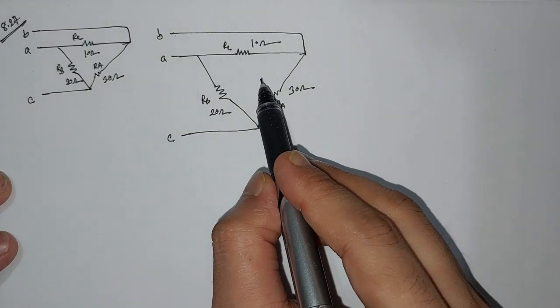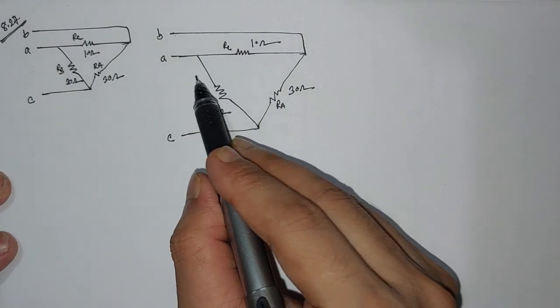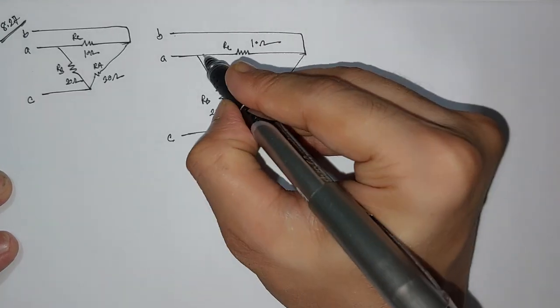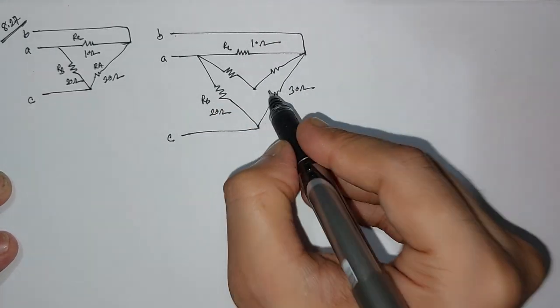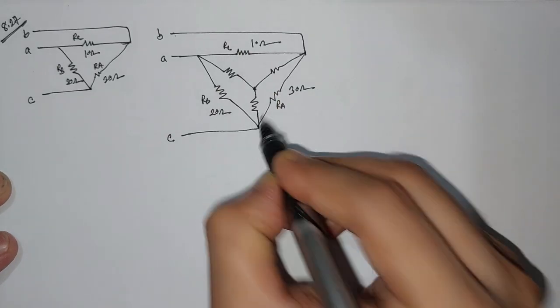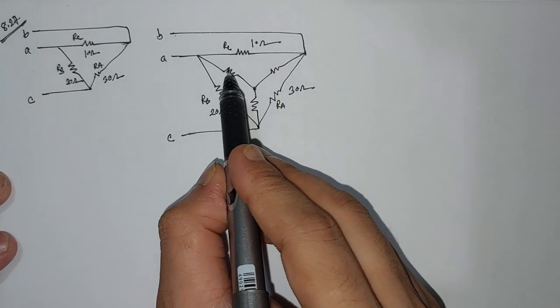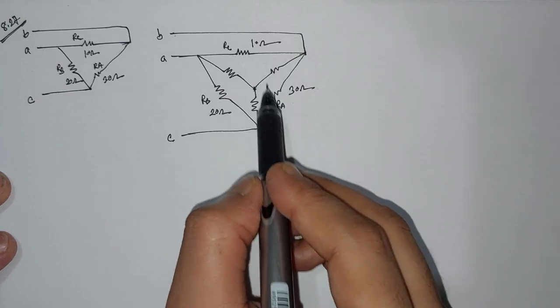Now the equivalent Y circuit for this delta will look like this one.